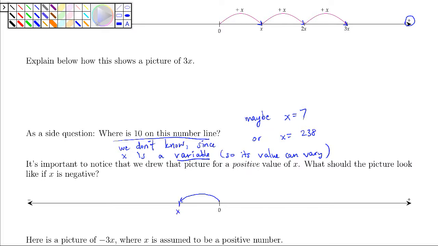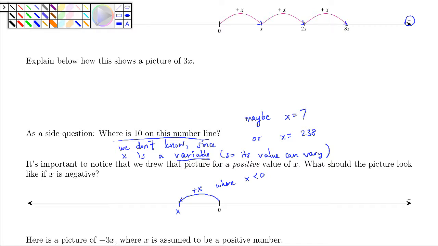And this would be adding some value of x. Okay? This is where x is a negative number. So don't get confused by this plus.